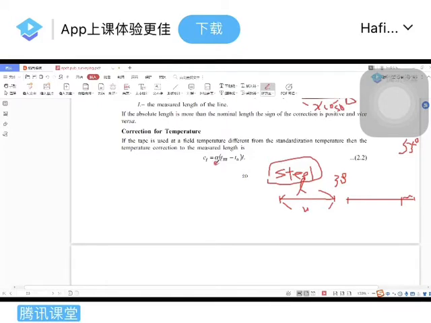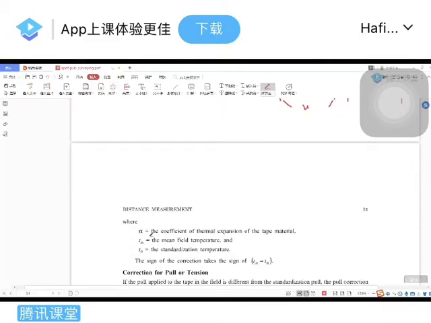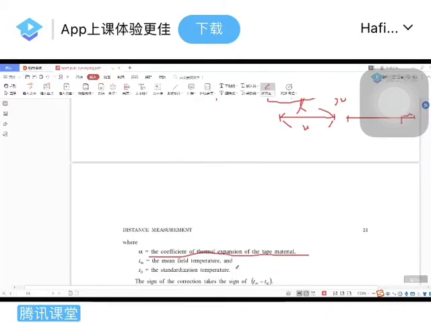You have alpha over here. Alpha is called the coefficient of thermal expansion of the tape material. Basically, the unit of alpha is meters per Fahrenheit. It means for every Fahrenheit, how many meters it is going to expand.